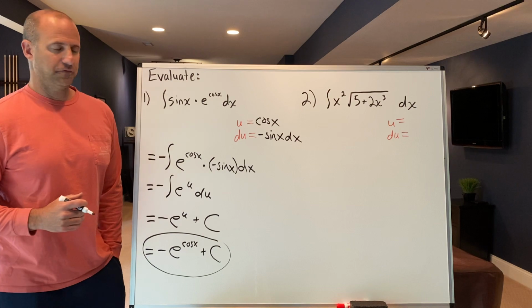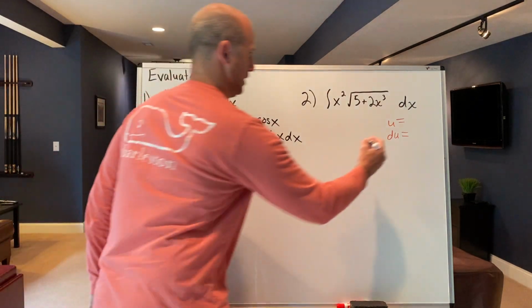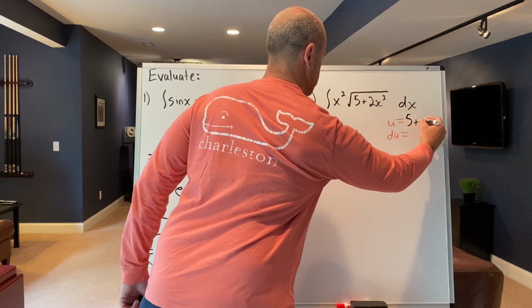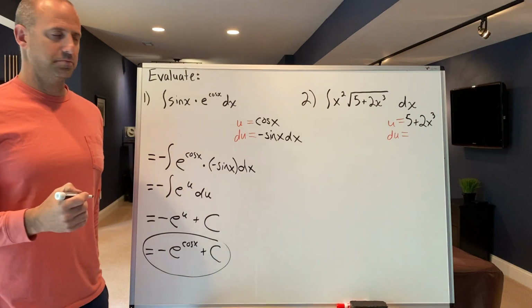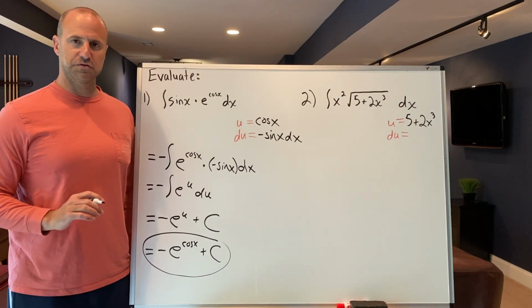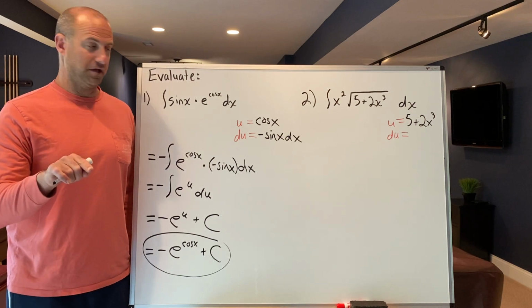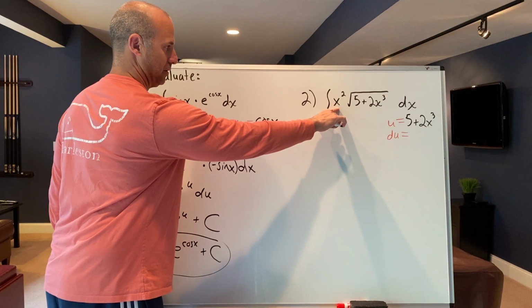What is the inside function? Well, for sure, it's 5 plus 2x cubed. But what is another reason, besides that it's the inside function, that's a smart choice for you? Its derivative, which would be 6x squared, looks like the other part of the problem.